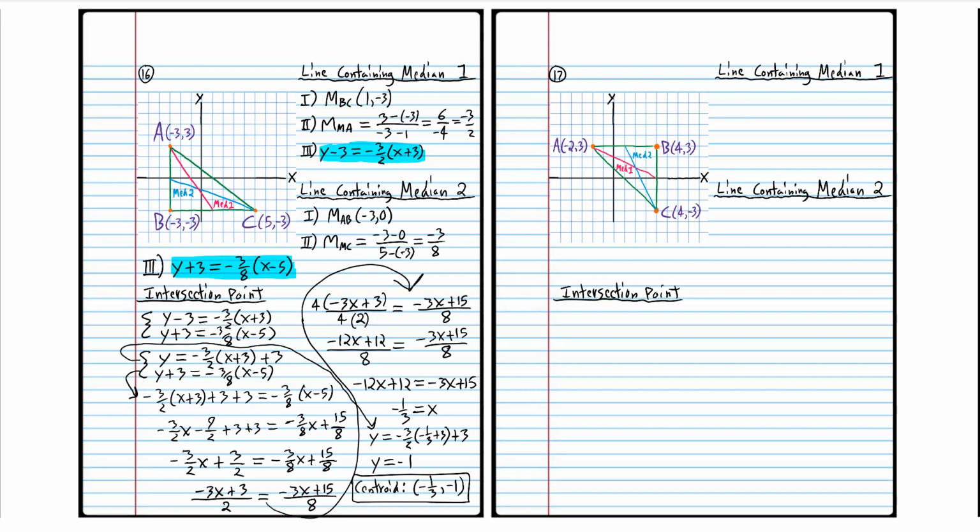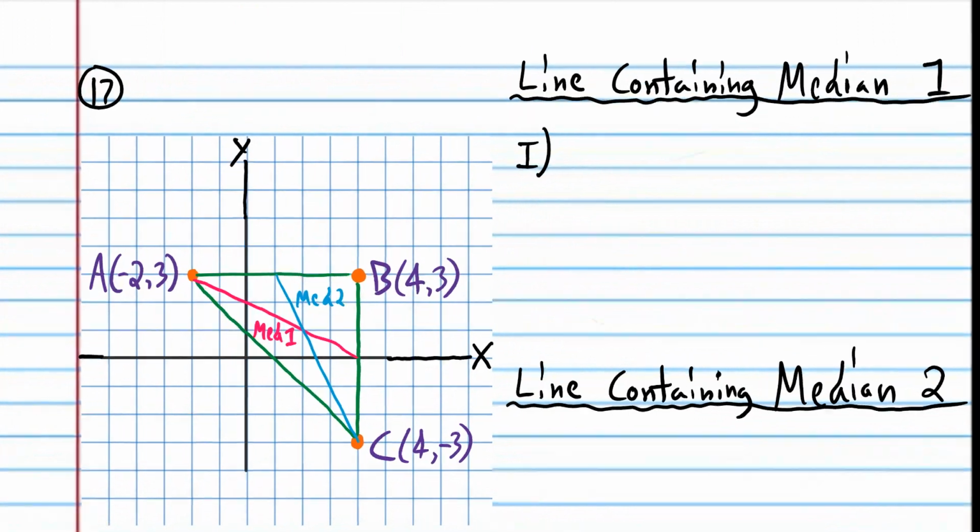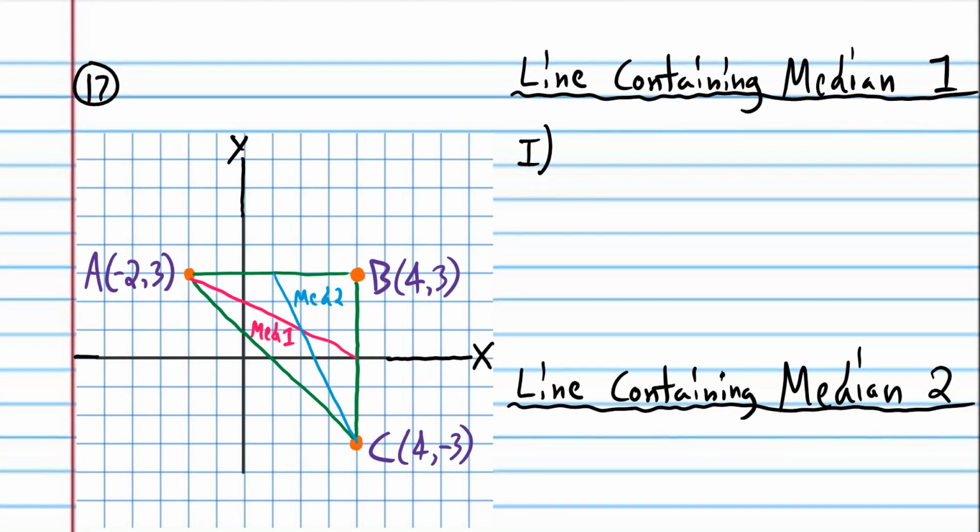All right, we're back. So I can see the midpoint of BC just by looking at that. Looks like it's 4, 0.